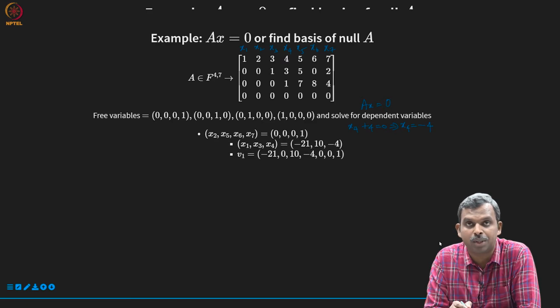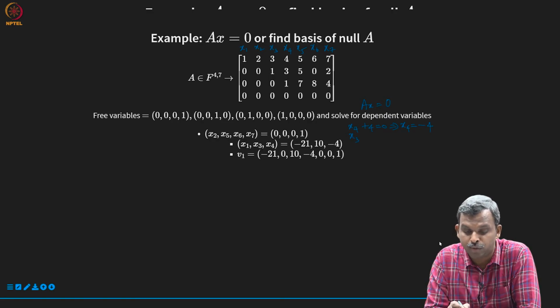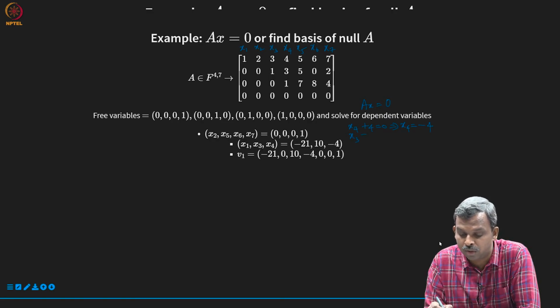Then you go to the next equation above it. Once you solved x4, you can go to x3, and that equation is x3. Okay, so x4 you already solved as minus 4, so minus 12, and then x5 and x6 are 0, then x7 is 1, plus 2 equals 0, and that gives you x3 equals 10, which is what I've put here.